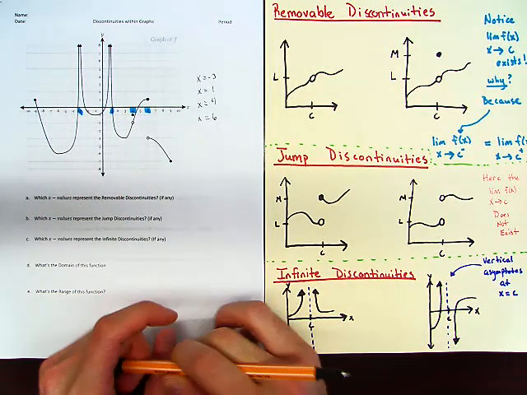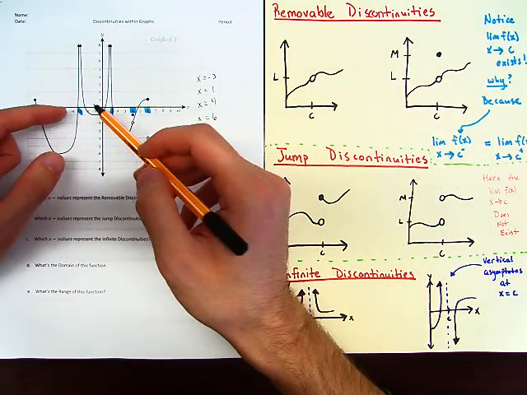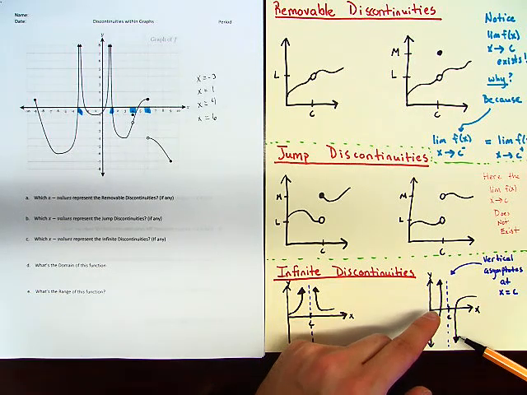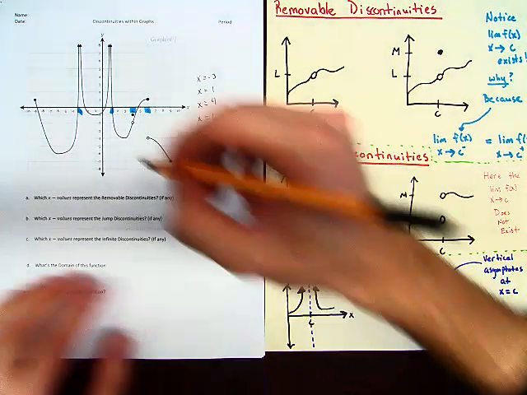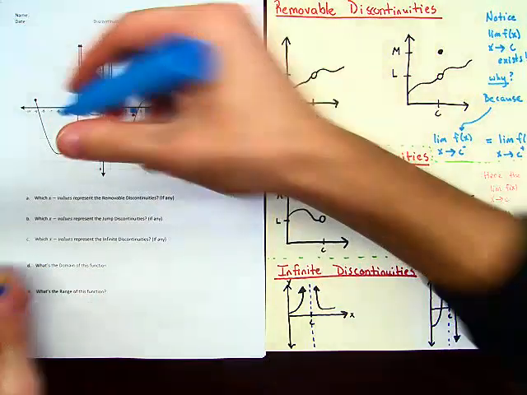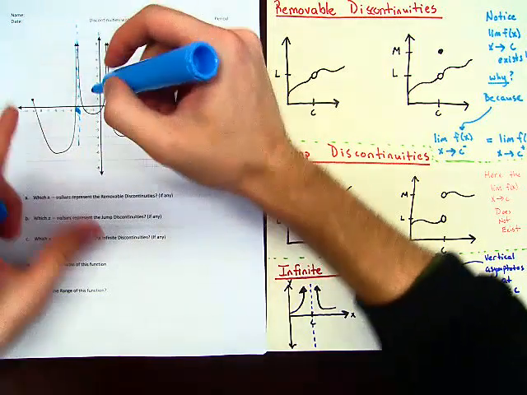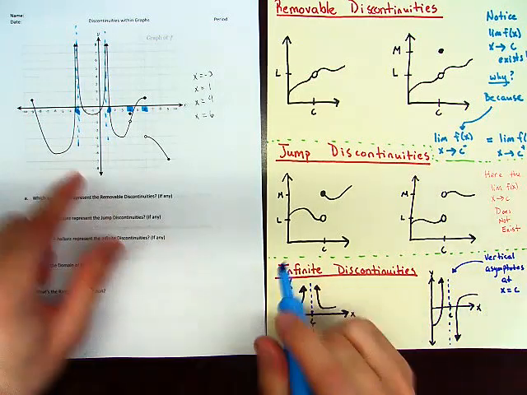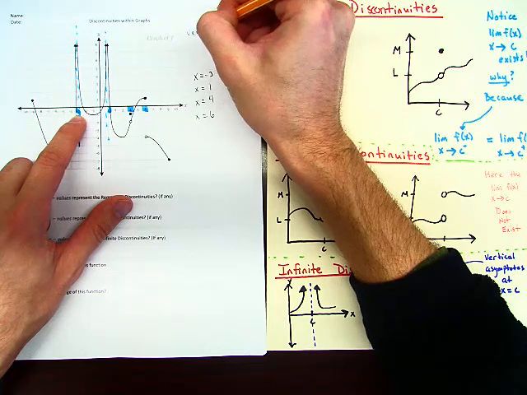The pretty straightforward ones are the infinite discontinuities. Where your limits are going to positive infinity or negative infinity, then we're just creating an infinite discontinuity. And these lines that kind of divide this boundary over here, we call these vertical asymptotes.